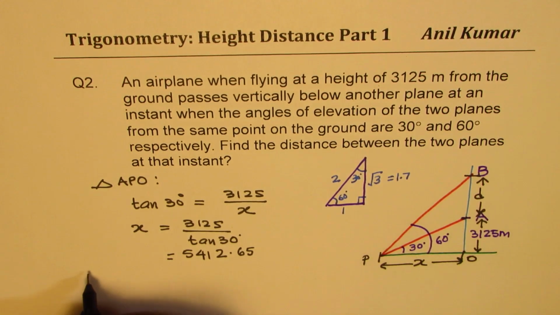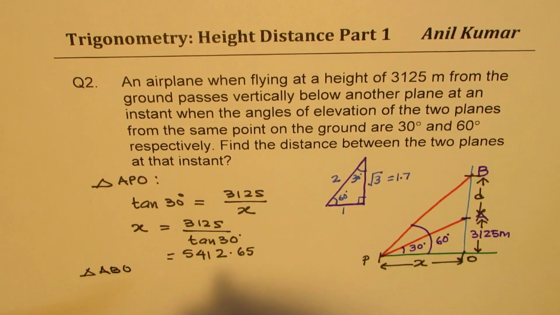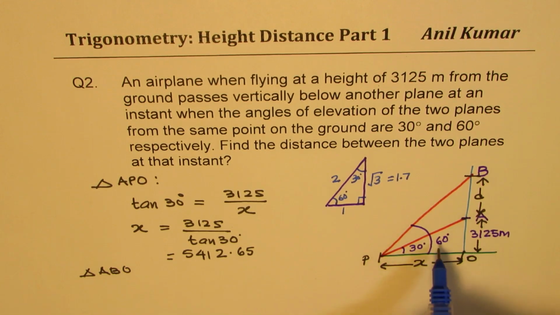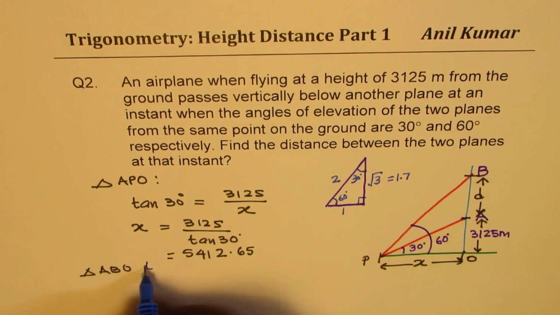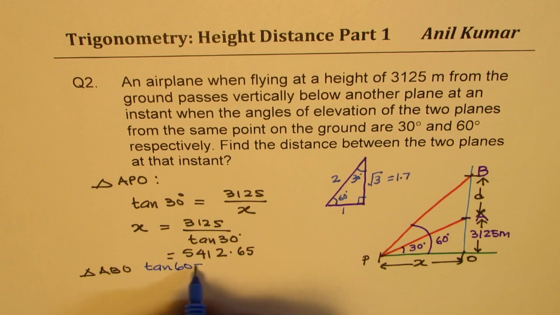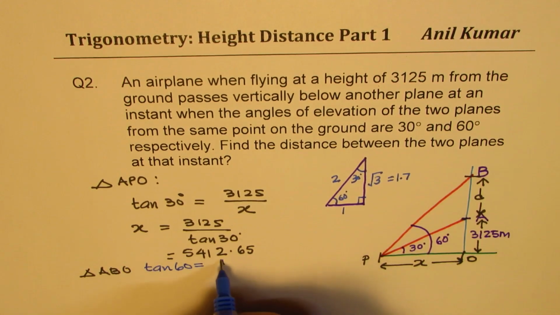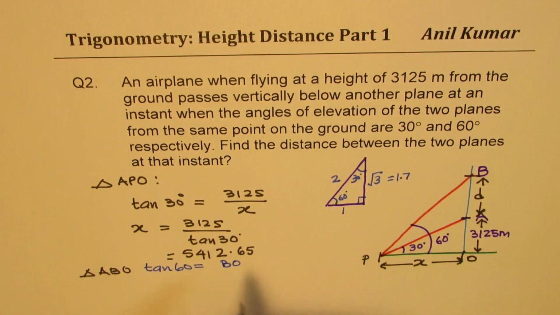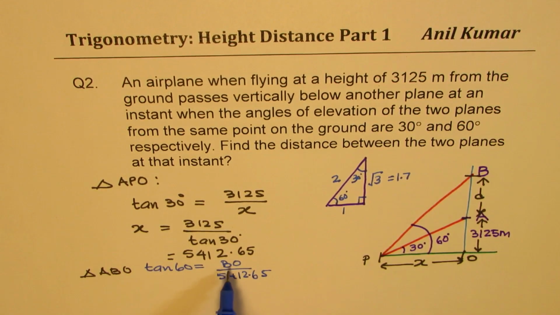So now we will solve the bigger triangle, ABO. Again, we'll use the tan ratio. This time it is tan 60. So we have tan of 60 equals BO over x. And x we just calculated as 5412.65, correct? So that gives you the value of the total height BO.